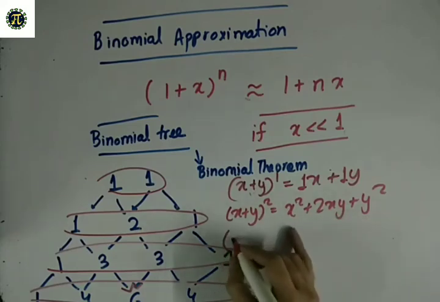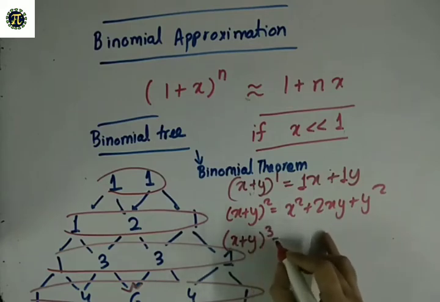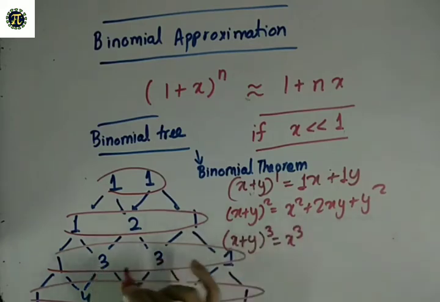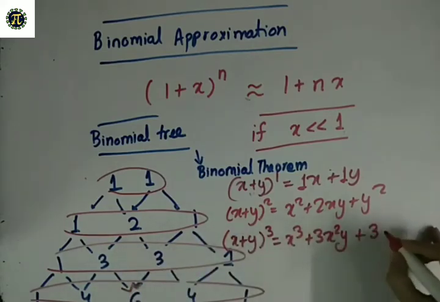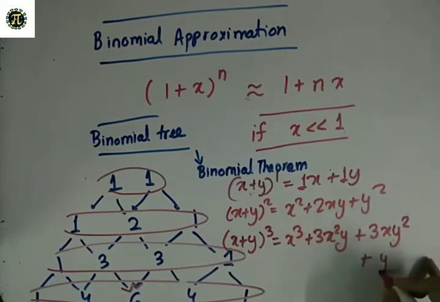(x + y) whole cube will become x^3. Then the next number is 3 and the power of x decreases to x^2 and y increases. Then the power of x decreases and the power of y increases, and then y^3.